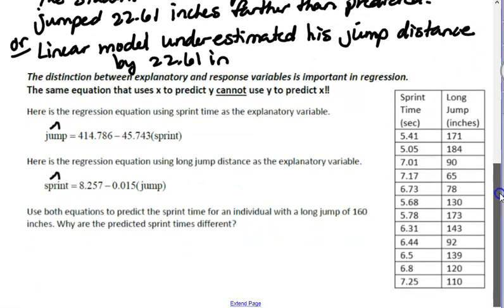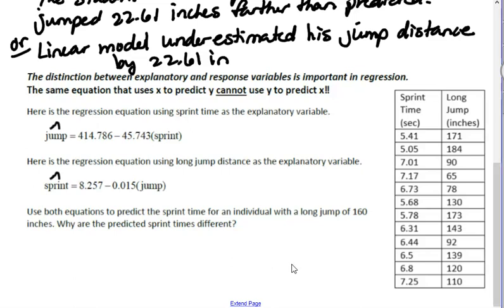Okay, one more thing. One thing we have to be careful of when using an equation: in algebra we're used to saying, if I know y, I can use my equation to find x, and if I know x, I can use my equation to find y. But that is not true when we're talking about a regression equation.